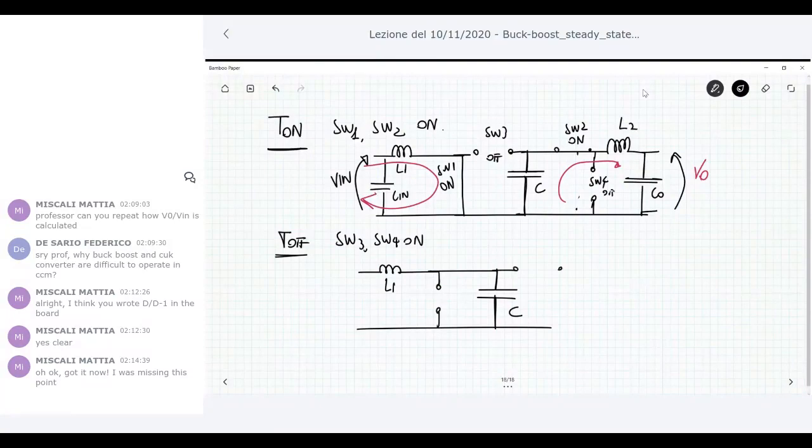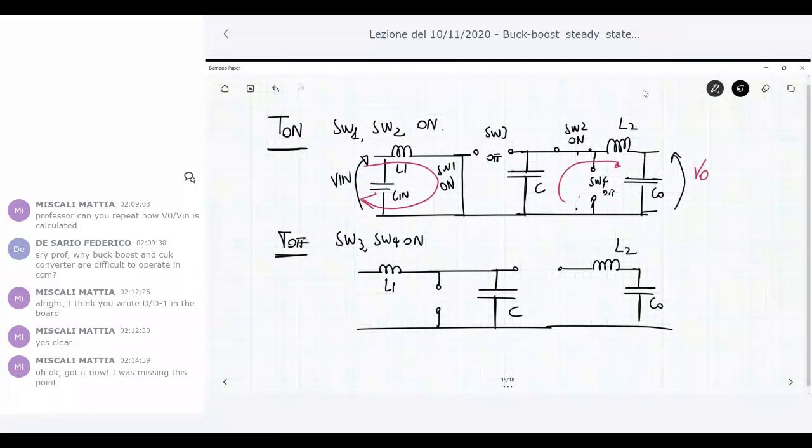L1, the switch is open, the switch is open, L2, C naught, and then you have the connection here.